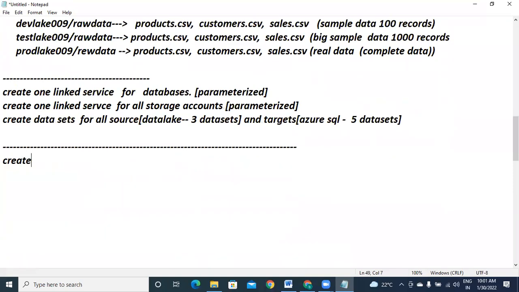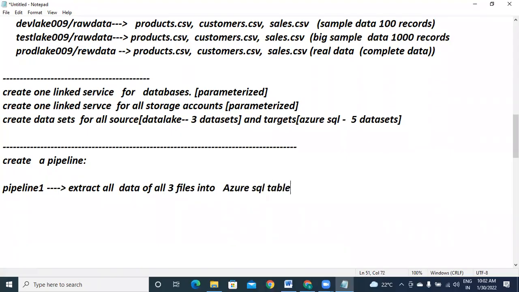Now create a pipeline. Pipeline 1, that activity: extract all data of all 3 files into Azure SQL tables.